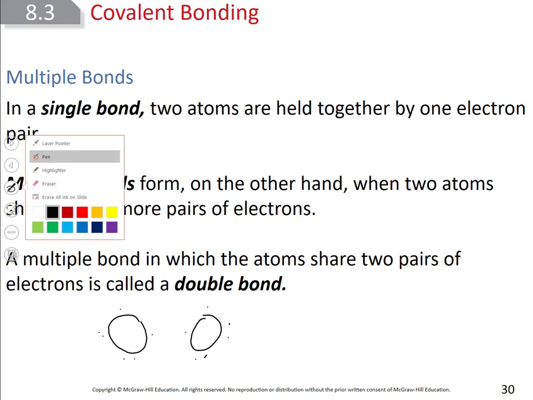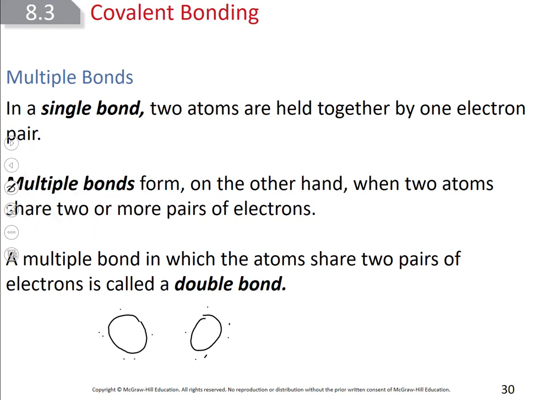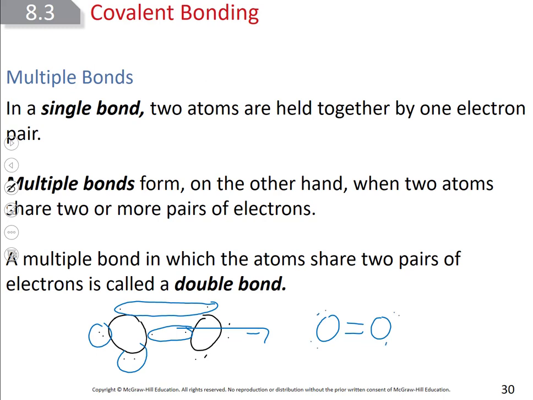In 2 places, because they each have 2 unpaired electrons. So when they bond, they will form 2 bonds between each other. And then each one of them also will have 2 lone pairs of electrons. I'm just going to draw them over there. And I've just formed a double bond.